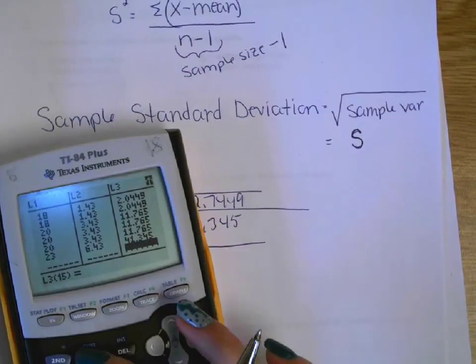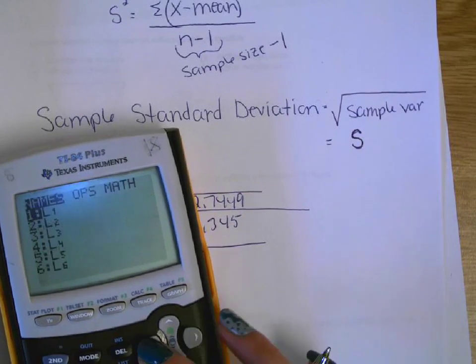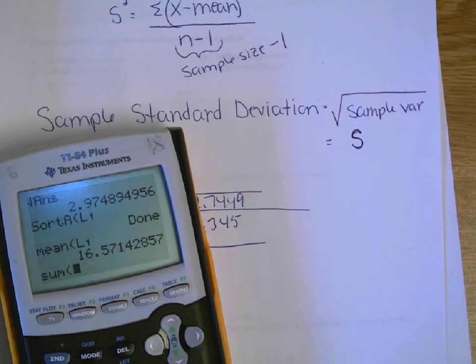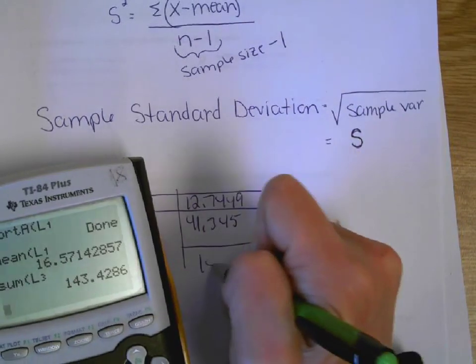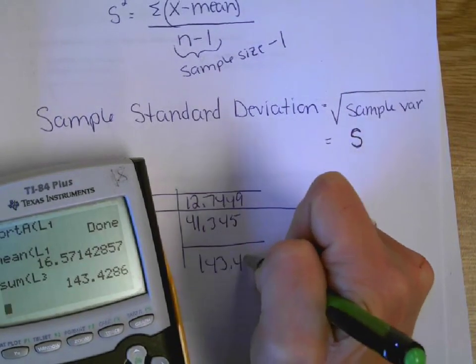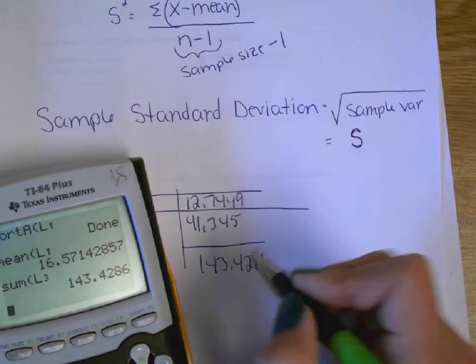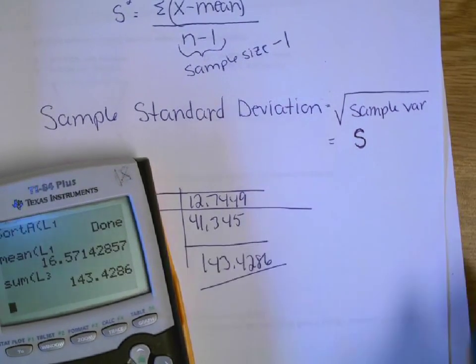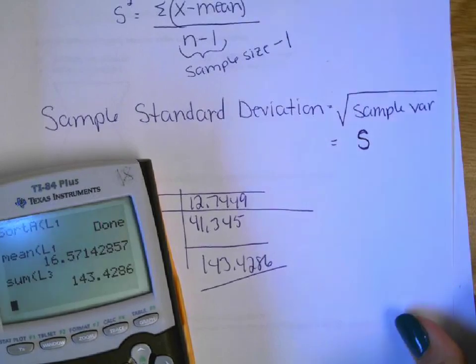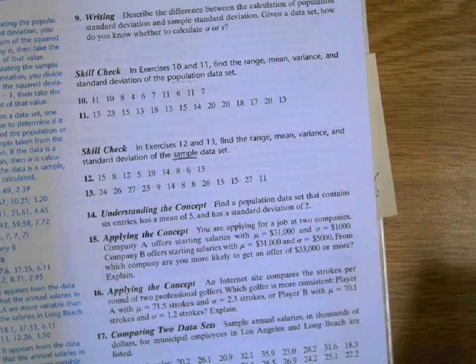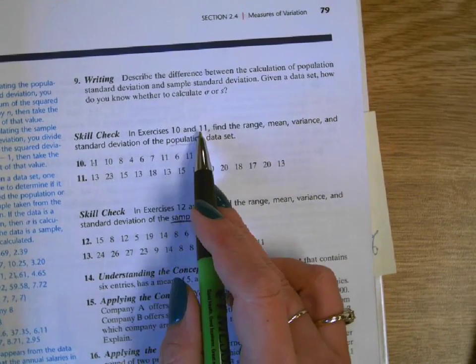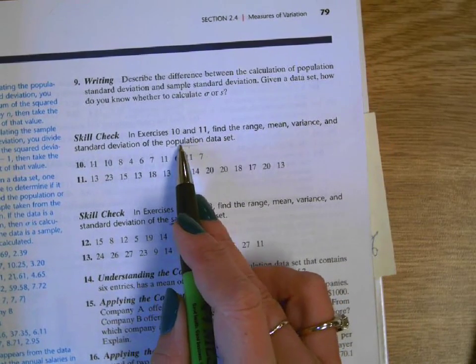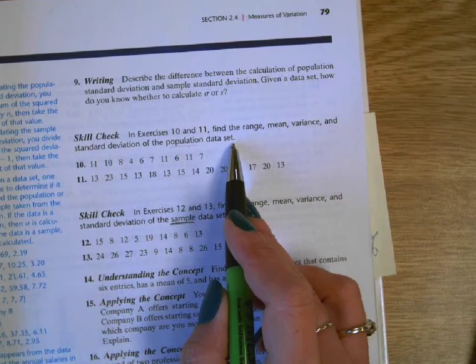Then we gotta sum these up. So I'm gonna quit. Just math, sum of L3. 143.4286. And then I have to divide by... I gotta know whether this is a population or a sample. The problem has to tell you what you're working with. If I look back at the directions, this was a population data set.